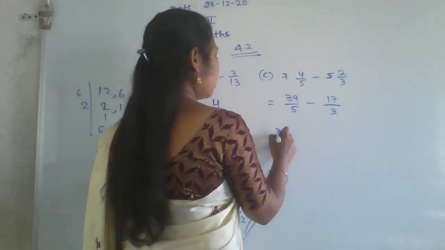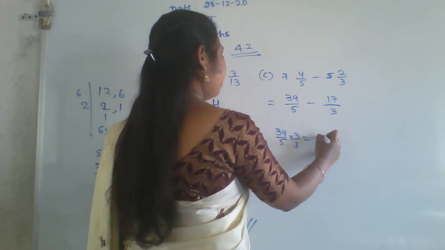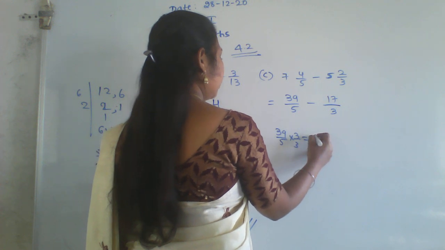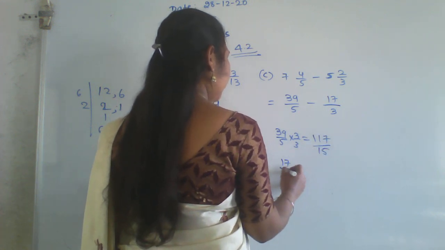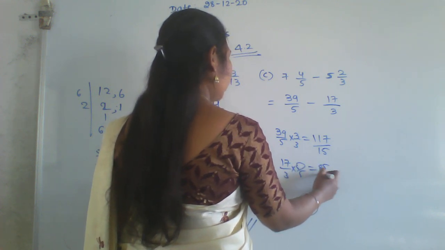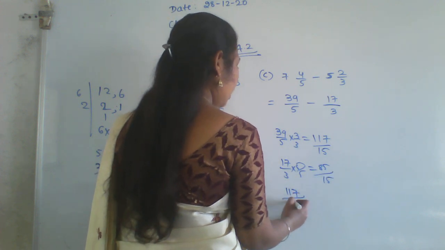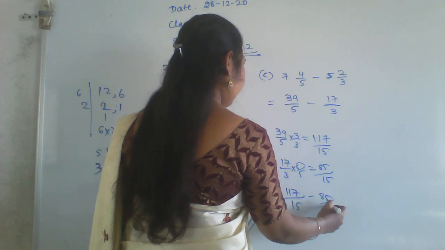So 15 means here 39 by 5 into 3 by 3, and it is 15, and 17 by 3 into 5 by 5, and it is 15. Now subtract the values: 117 minus 85 by 15.